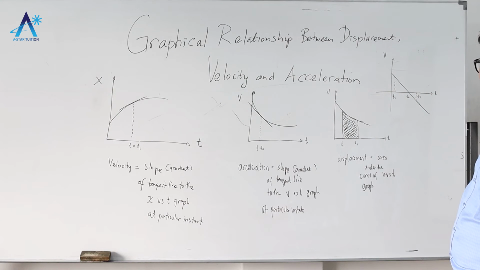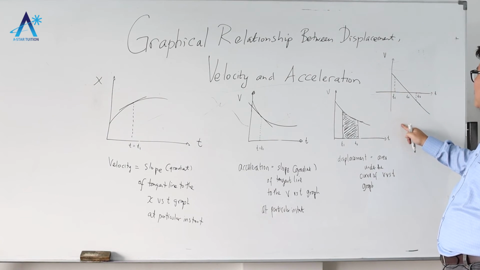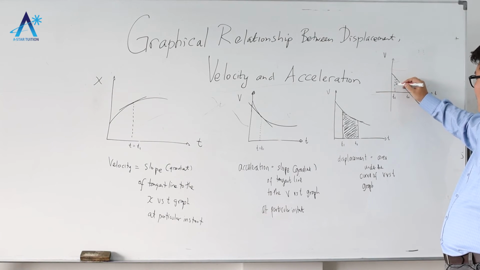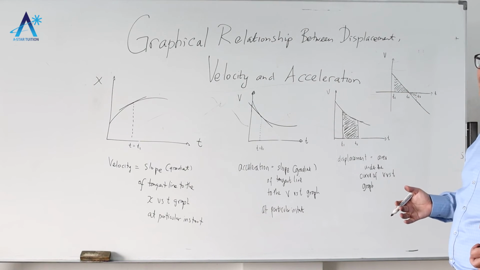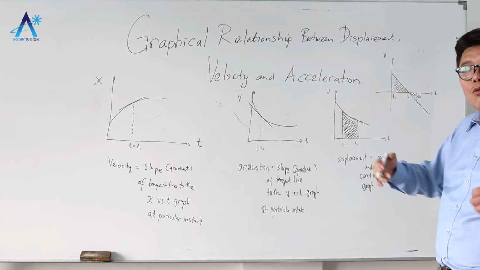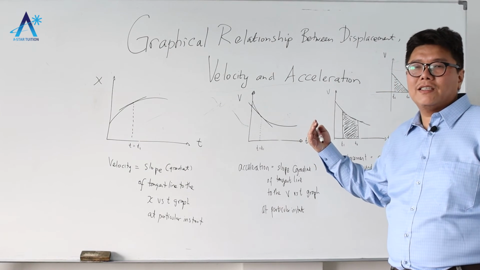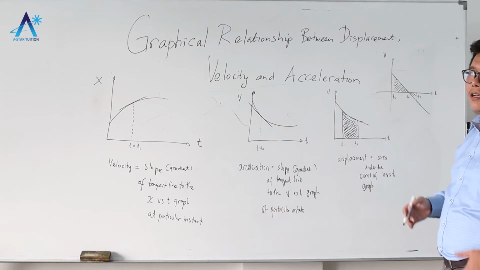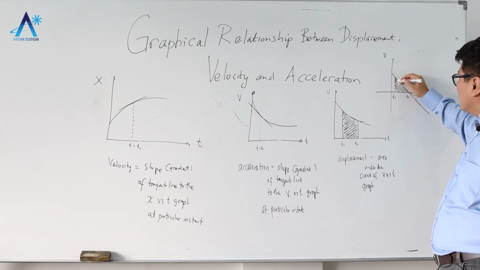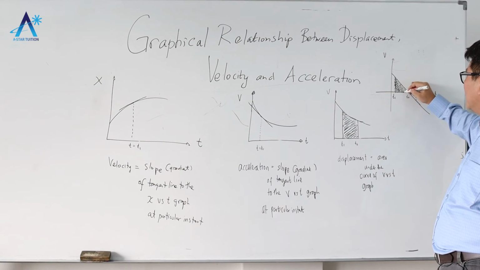What is the displacement from t1 to t3? Because the velocity becomes negative, the object in one-dimensional motion has turned around and flipped to the opposite direction from the initial direction.